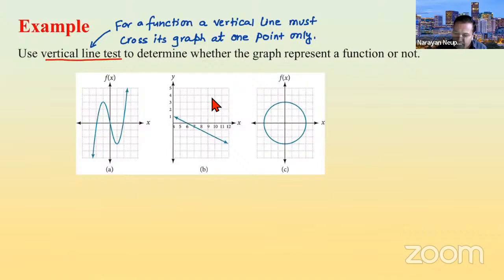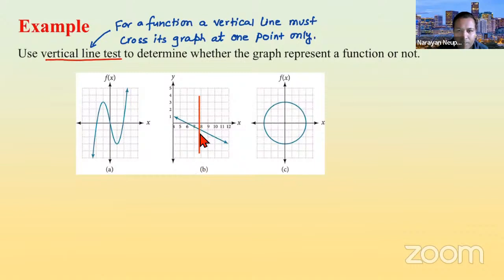So for example, let's draw some vertical line and then test this. I'm going to draw the vertical line in the second graph first. You can draw wherever you want, but I'm going to try the second one first. If I draw a vertical line there, what you can see is the vertical line crosses the graph at only one point.